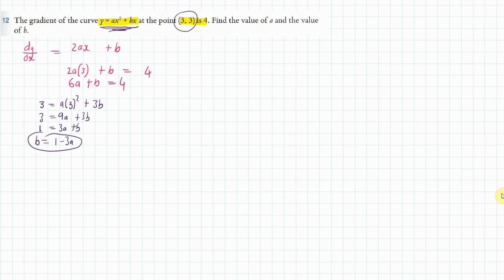Now we can substitute this into here. So let's go and do that now. We're going to have 6a plus 1 minus 3a equal to 4. So I get 3a plus 1 equals 4, which means that a is equal to 1. Therefore, b is equal to 1 minus 3 times 1, which is equal to negative 2.